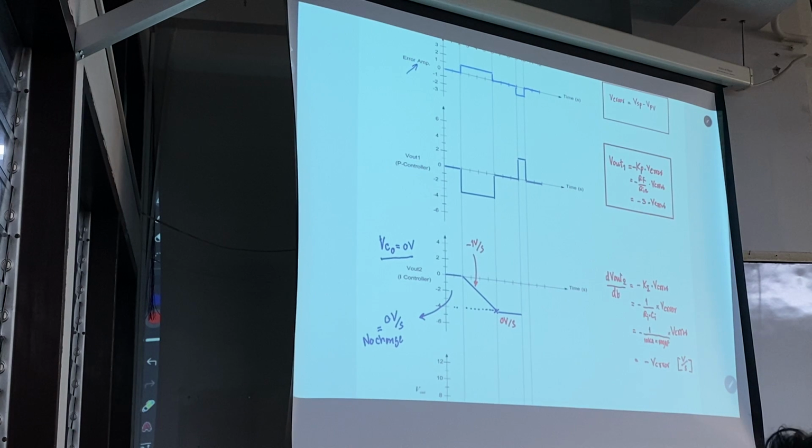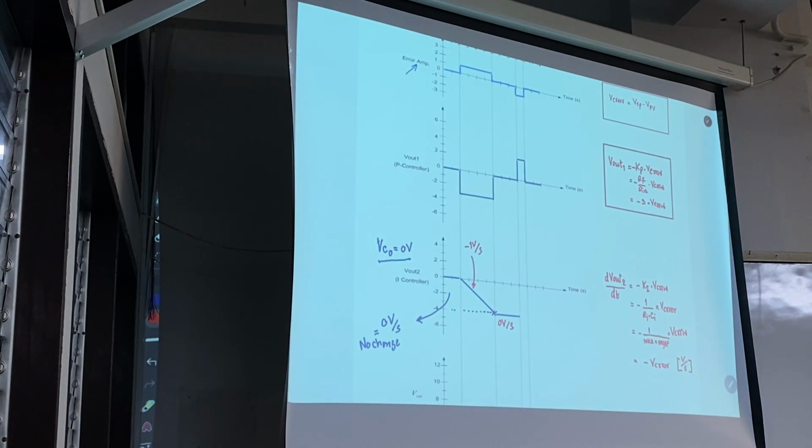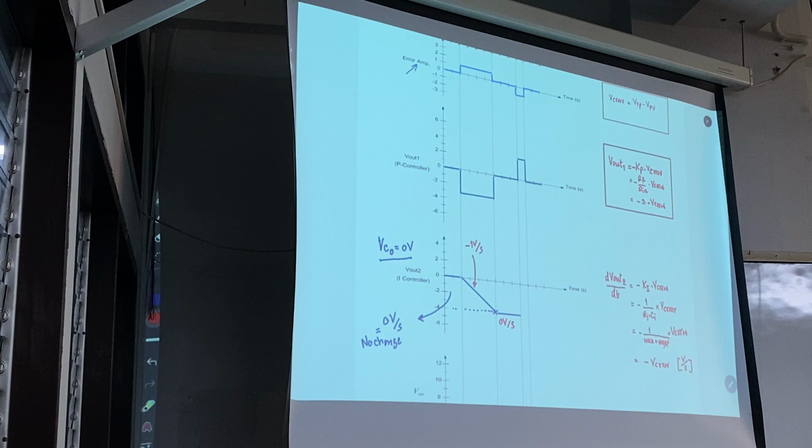Per second means no change. So it also depends on the previous sections, what the voltage state is.